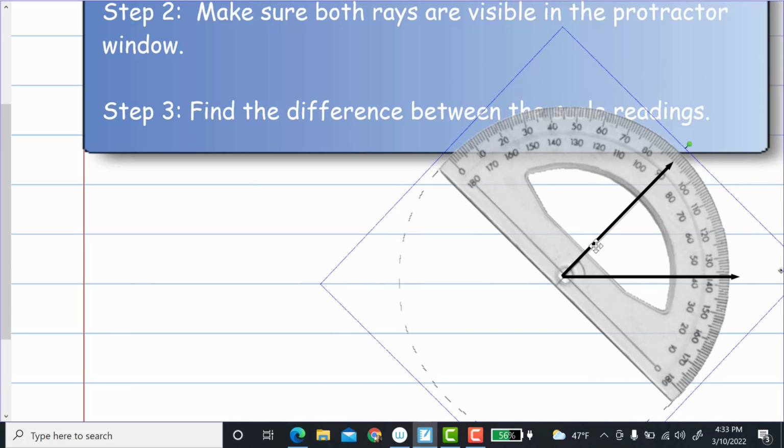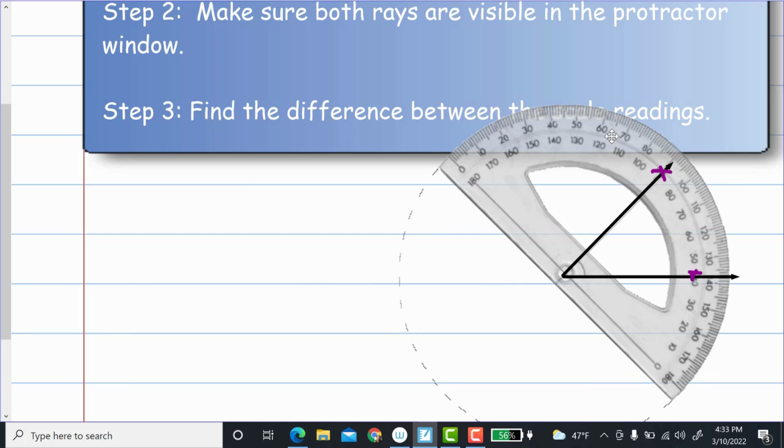All right, so let's continue. After you have both of the rays in the window, you're going to just pick a scale. Let's say this is about 90. Say about 45. If I rotated it, it would be easier.